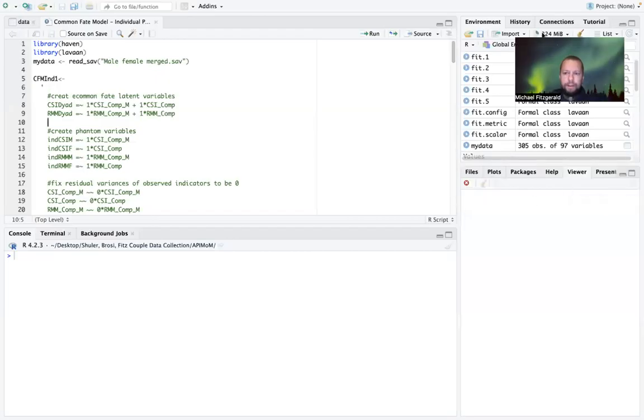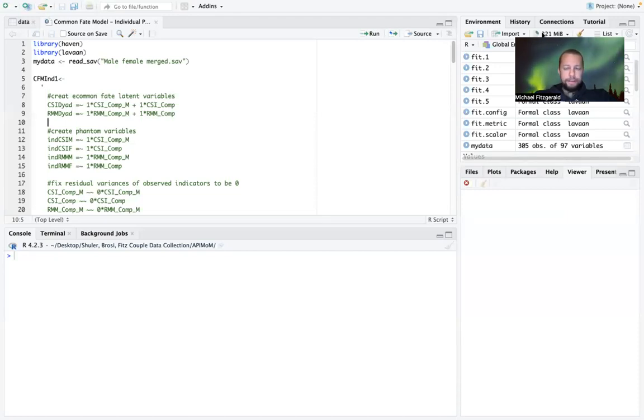Hello, everyone. In this video, I will be covering the common fate model, where we will simultaneously estimate both dyadic and individual level pathways. So if you are unfamiliar with the common fate model, I would recommend watching my common fate demonstration in either Mplus or lavaan that you can find on my channel.